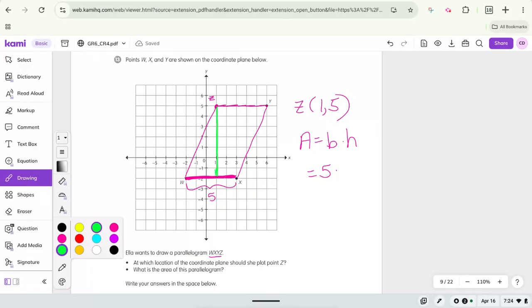Let's see, that is 1, 2, 3, 4, 5, 6, 7. So the height is 7. So the base is 5, the height is 7, and 5 times 7 is 35. And I don't know what these units are, but area is always square units, so I'll just say U squared for units squared.